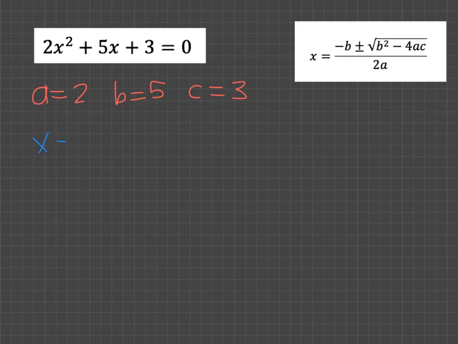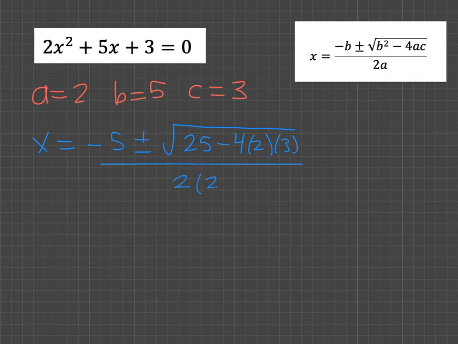We have x equal to negative b, so that's going to be a negative 5, plus or minus. Under the square root, we want b squared, so that's 5 squared, so that's 25. And then minus 4 times a, which is 2, times c, which is 3, all over 2 times a. So 2 times the 2, that is a.